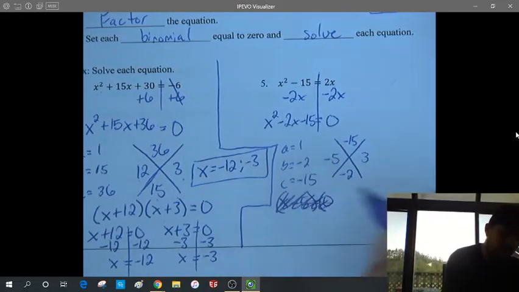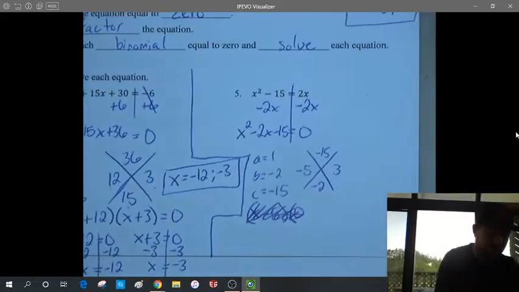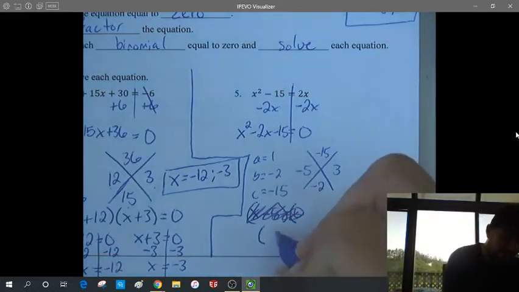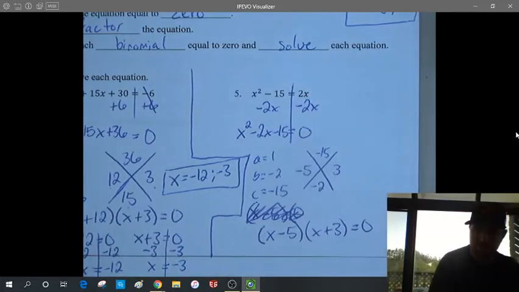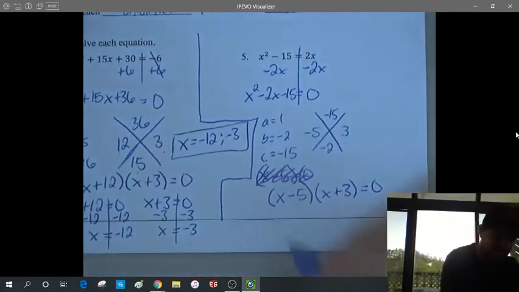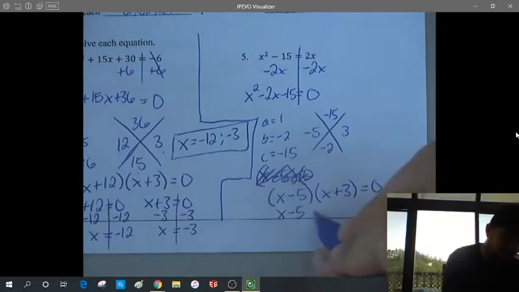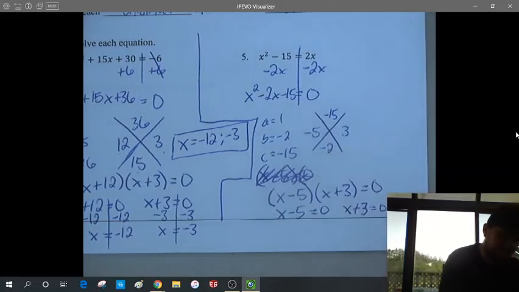Try this again. We've got to turn those into our binomials first. So those are not your answers to what x is. It's actually going to be the opposites of those, right? So it's going to be x minus 5 and x plus 3 is going to be equal to 0. And now from that, I can write my two equations, which means from this one, when I add 5 to both sides, I'm going to get x is equal to positive 5.